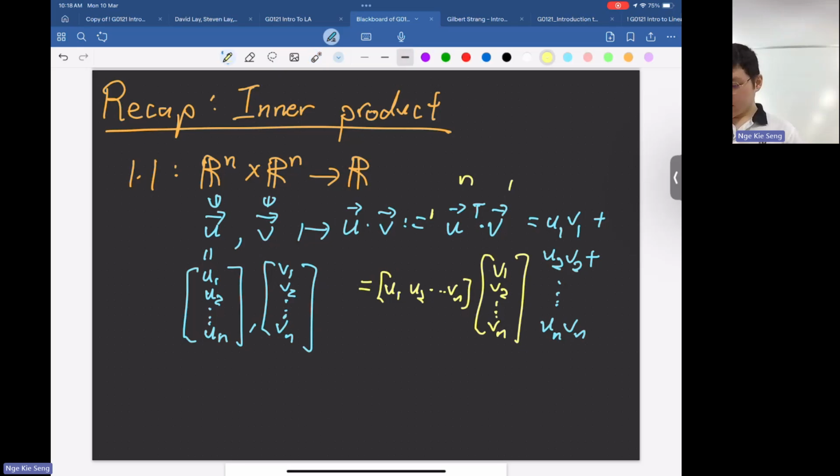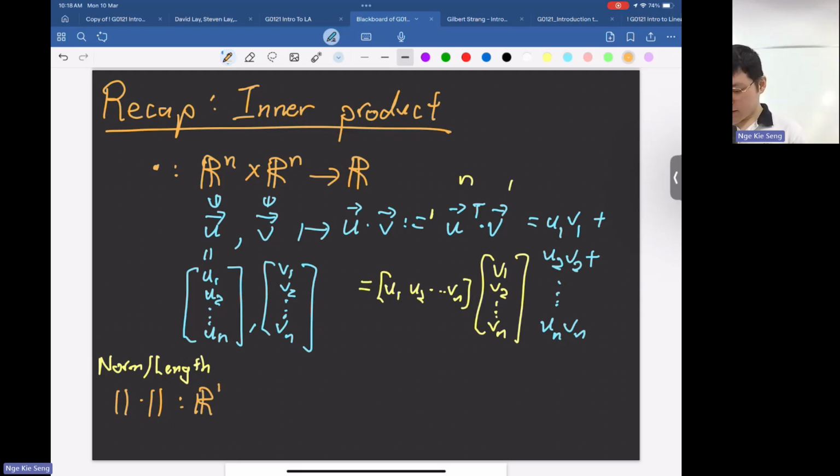The inner product doesn't have these two lines, right? It's just a dot between two things. And then we have the modulus, norm or length. What does this do?